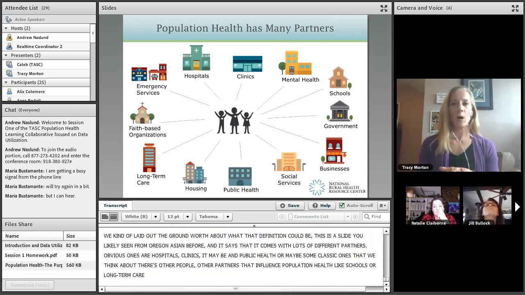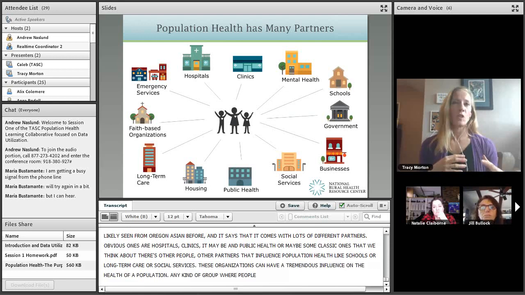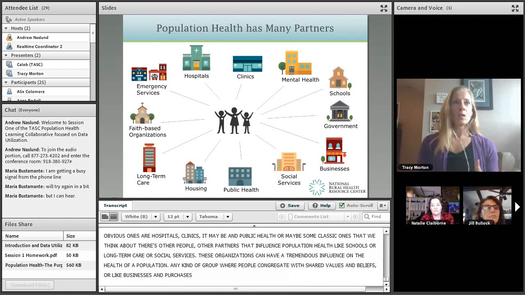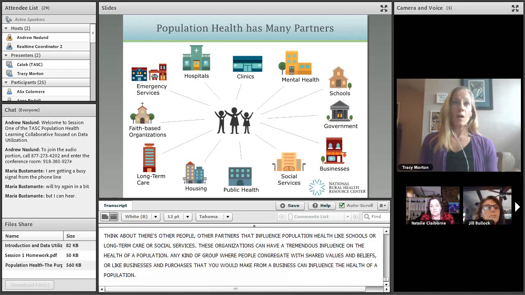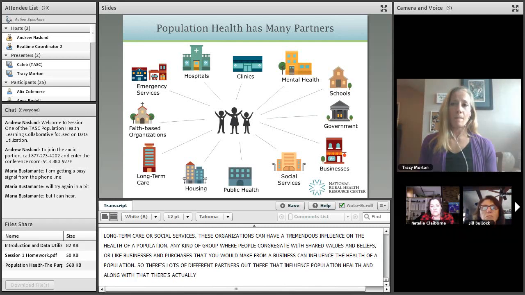So now that we've laid out the groundwork about what that definition could be, this is a slide you've likely seen from our organization before, and it's saying that population health has lots of different partners. The obvious ones are hospitals, clinics, maybe mental health providers, and public health, classic ones that we think of. But there are other partners that influence population health, like schools or long-term care or social services.